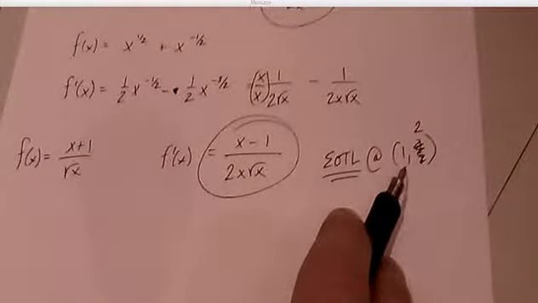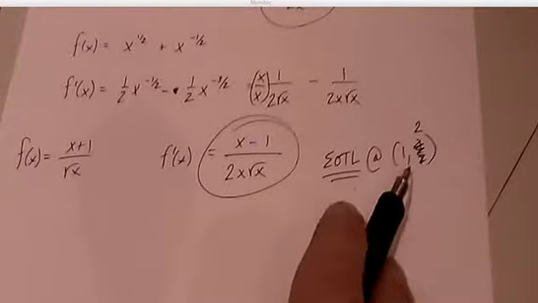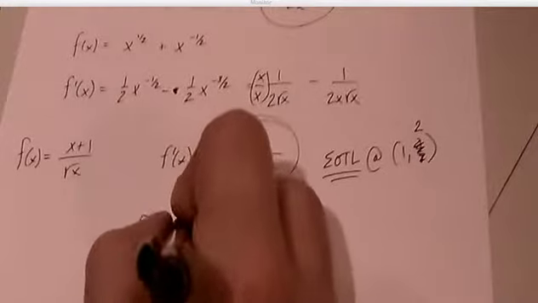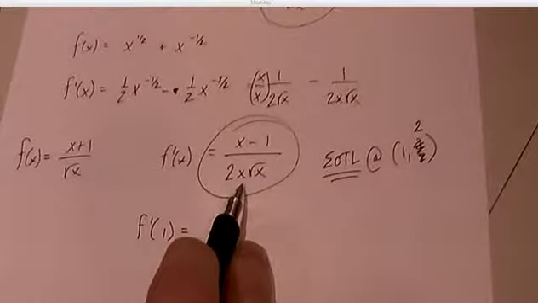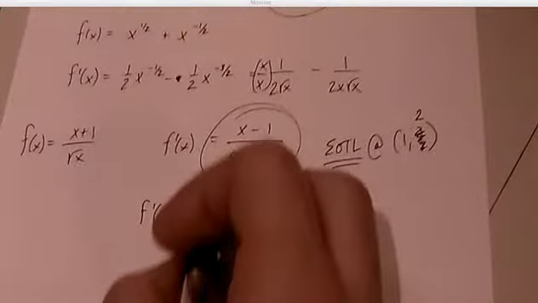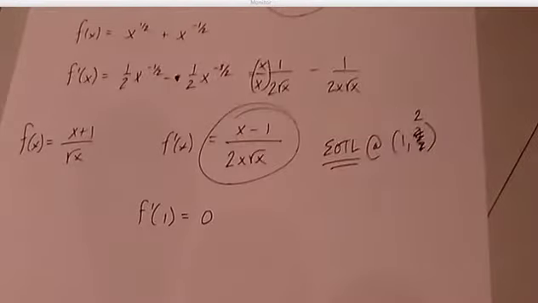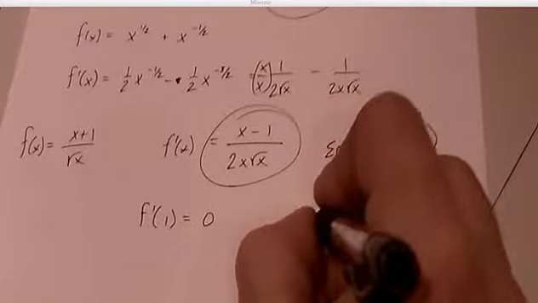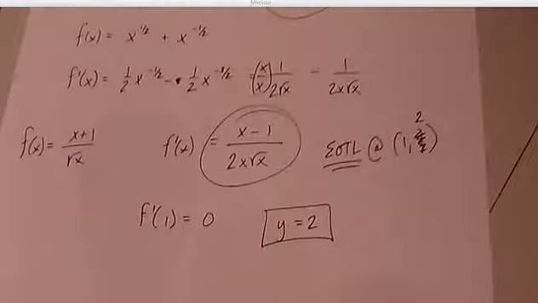So I have the point at which I'm going to find the tangent line. Now all I need is the slope, which means I need to evaluate that at 1. And when I evaluate it at 1, a strange thing happens. It actually winds up being 0. So you actually have a horizontal tangent line for that particular function, and so y is equal to 2 is your tangent line.